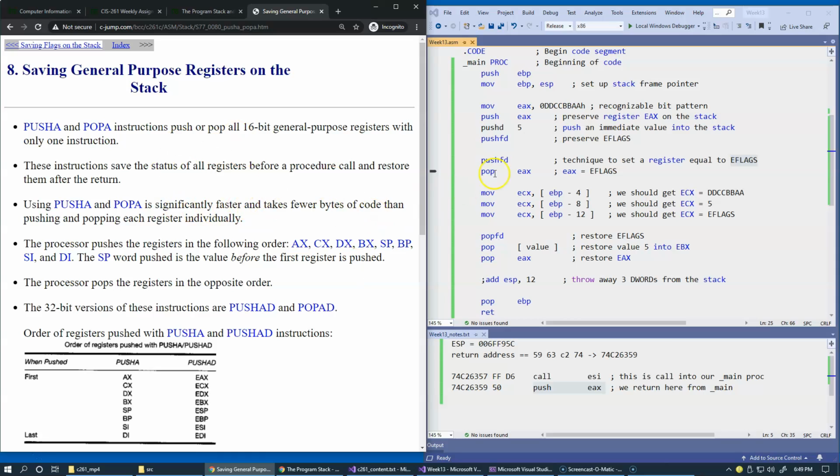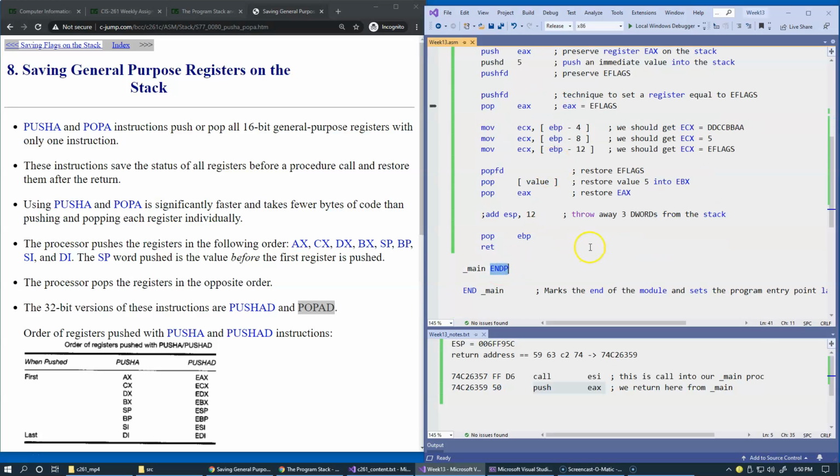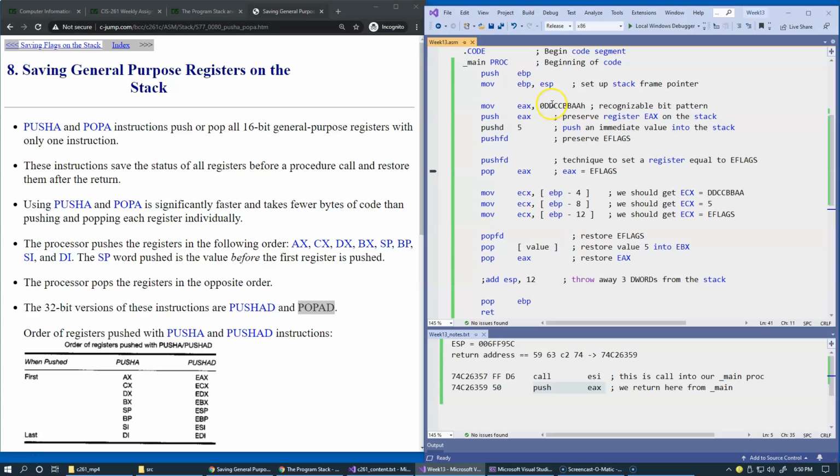Most likely you would find these instructions, push AD and pop AD, at the beginning and at the ending of the procedure, because inside the procedure you're using all of the registers, so there's no reason to hesitate to save all of them on the stack and restore them, so that the caller doesn't have to worry about registers changing. It's going to be easy to make a call into your procedure if you preserve and restore all of your registers, so that the caller doesn't see any differences, but you can use them all in your own code inside your procedure.